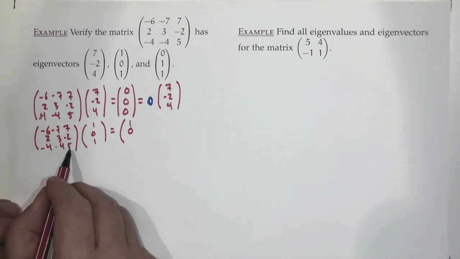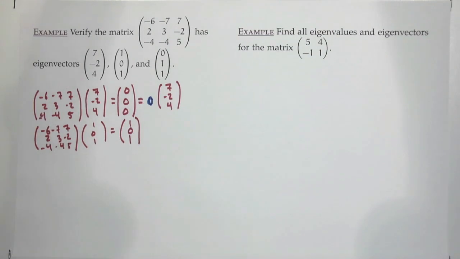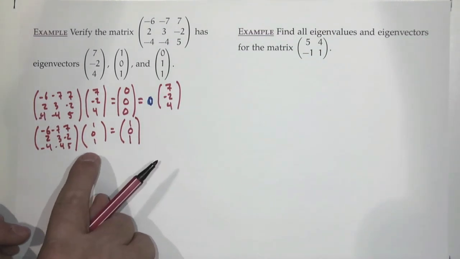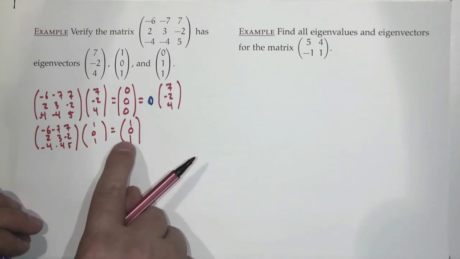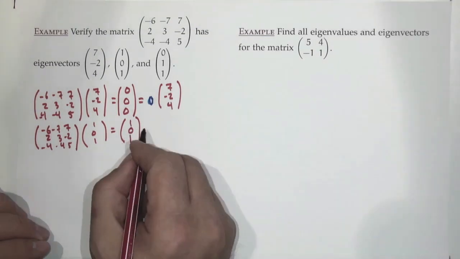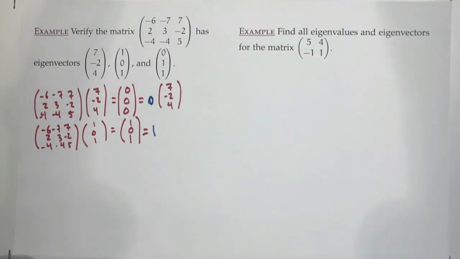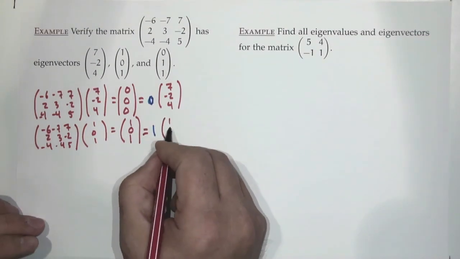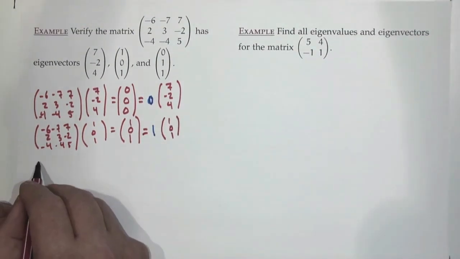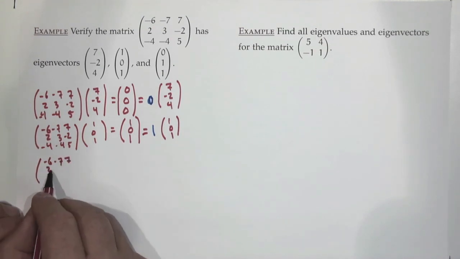Minus 4 plus 0 plus 5, 1. Is this an eigenvector? In other words, is 1, 0, 1 a multiple of 1, 0, 1? What multiple was it? 1. So this is an eigenvector for the eigenvalue 1. All right, one more. Once more unto the breach, dear friends.